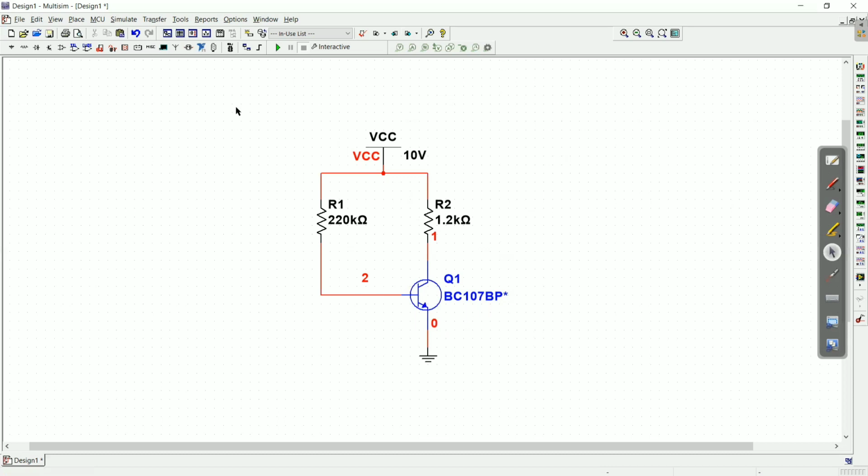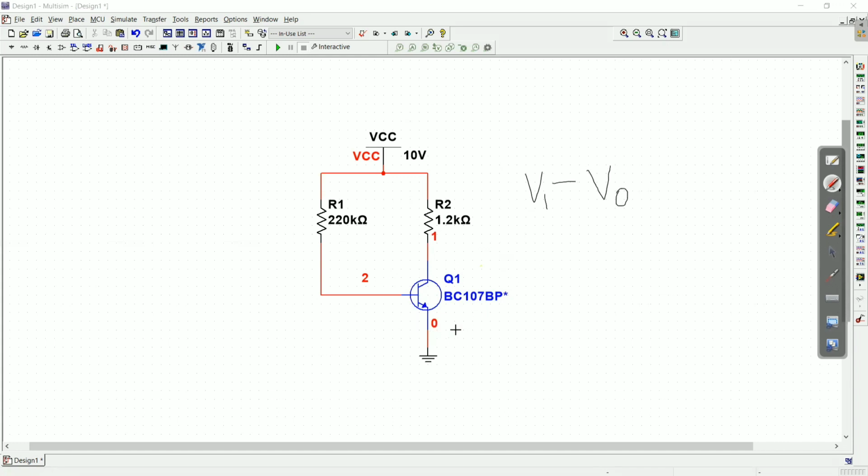Now we need to find the current flowing here and the voltage drop between this. We need to find IC, and for the voltage drop we will have V1 minus V0.